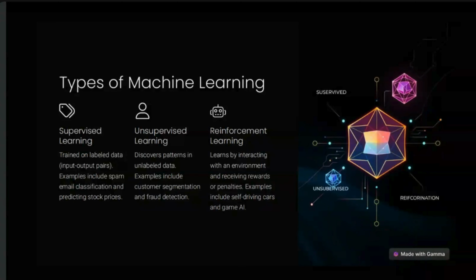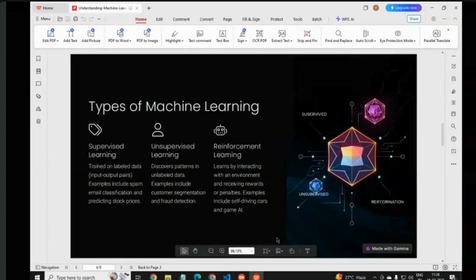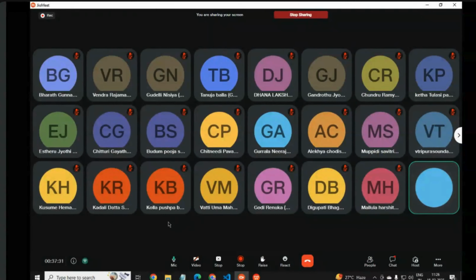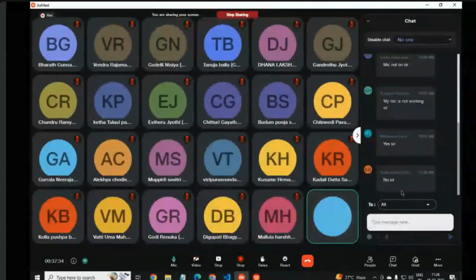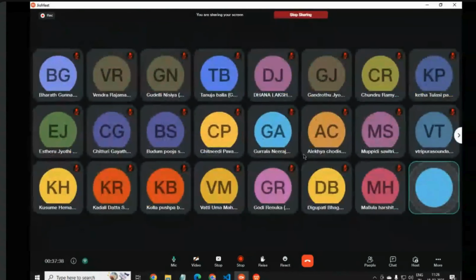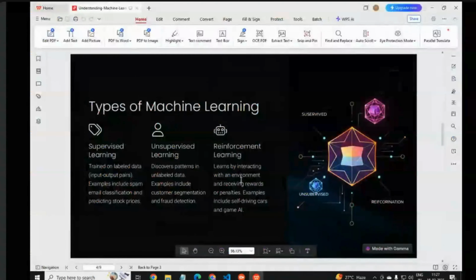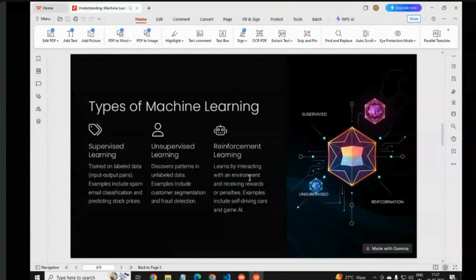Not using. Okay. What kind of students are you? You are not using ChatGPT, and you guys want to learn ChatGPT. Till now, you are not using ChatGPT. Wow.